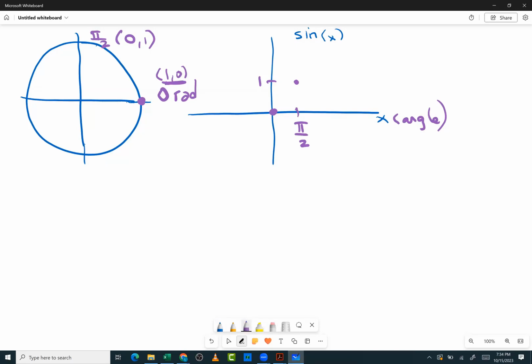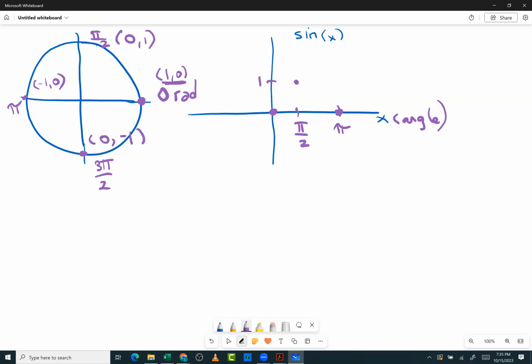Now the next point I'm going to do is pi. At pi, I have negative 1, 0. So what's my sine value? 0. Perfect. So I'm going to put a point at 0. Then I'm going to come down here to 3 pi over 2. What's my point here? The x value is 0, and the y value is negative 1.